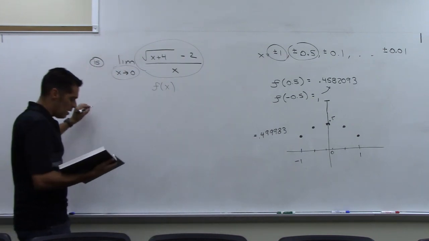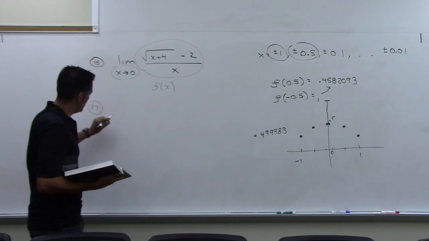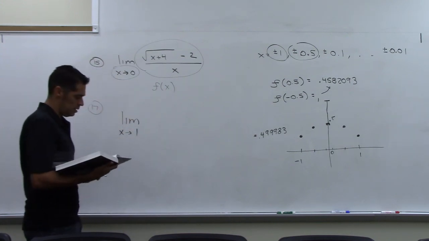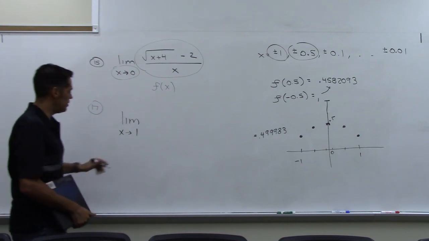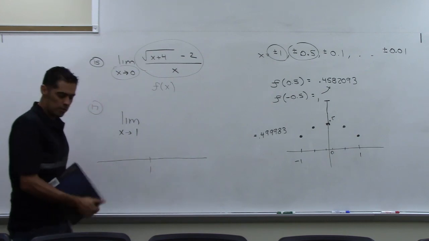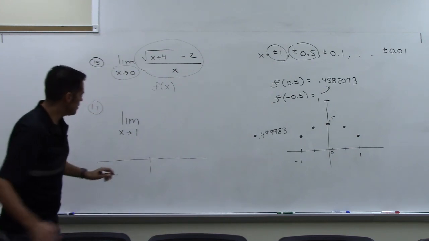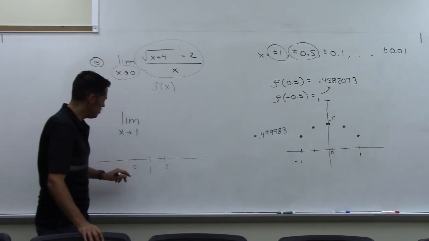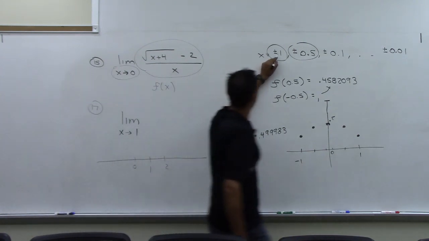Now I will say on number 17, you want to be careful because it's the limit as x approaches 1. That's different because here's 1. If I want to approach there, I'm first going to start maybe here at 2 and at 0.